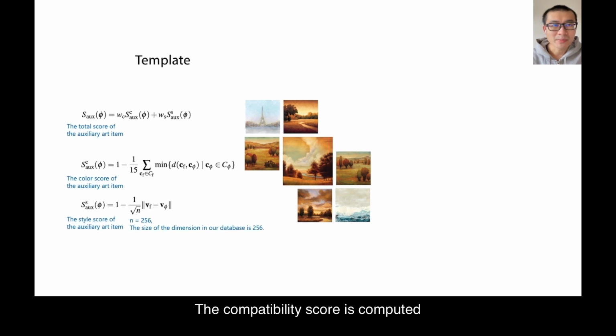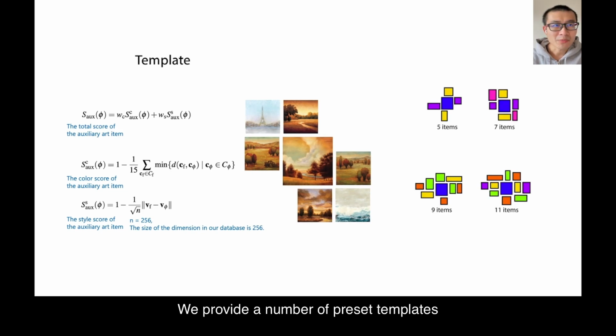The user interface displays the top 20 art items sorted in descending order of their compatibility scores as the focal art item suggestions. We provide a number of preset templates that the user can apply to synthesize a gallery wall design based on the selected focal item.